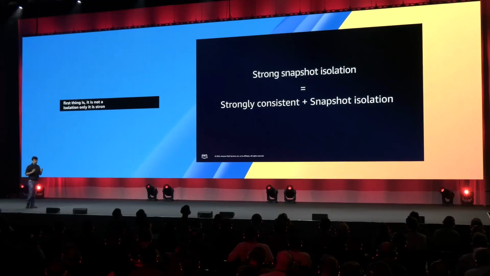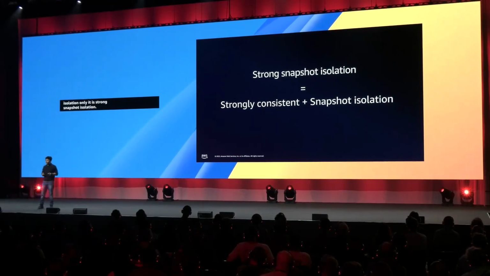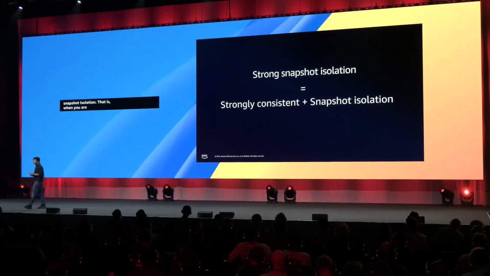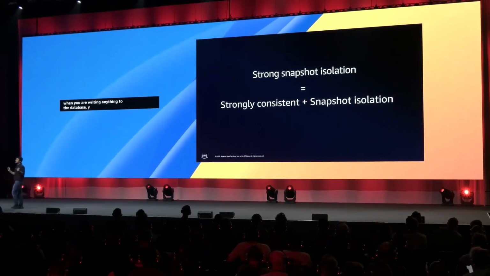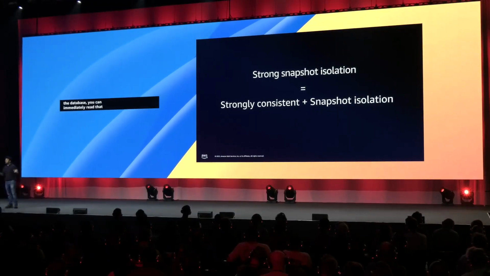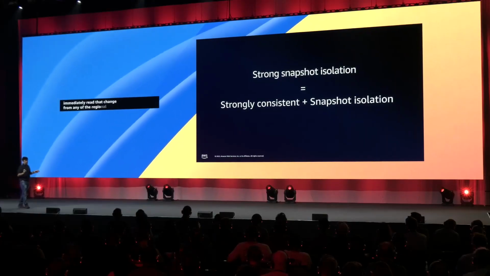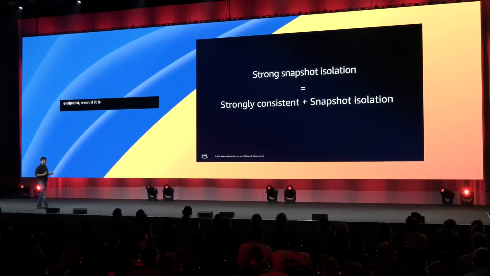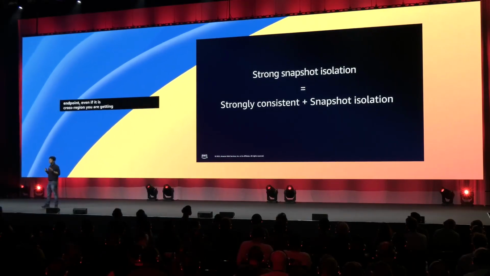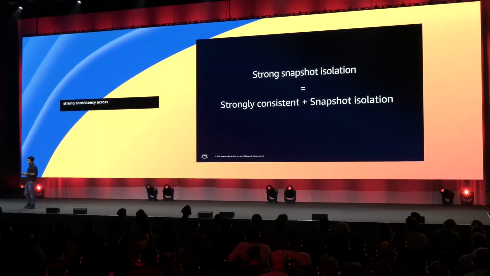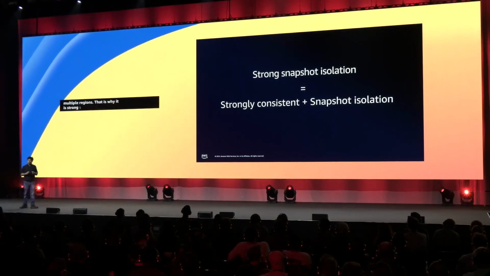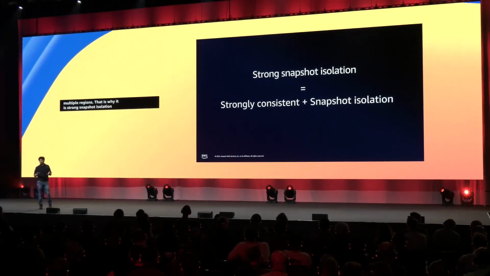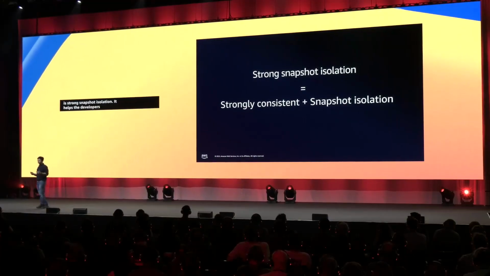That is, when you are writing anything to the database, you can immediately read that change from any of the regional endpoints, even if it is cross-region. You are getting strong consistency across multiple regions. That's why it is strong snapshot isolation. It helps the developers to develop applications which behave reliably.